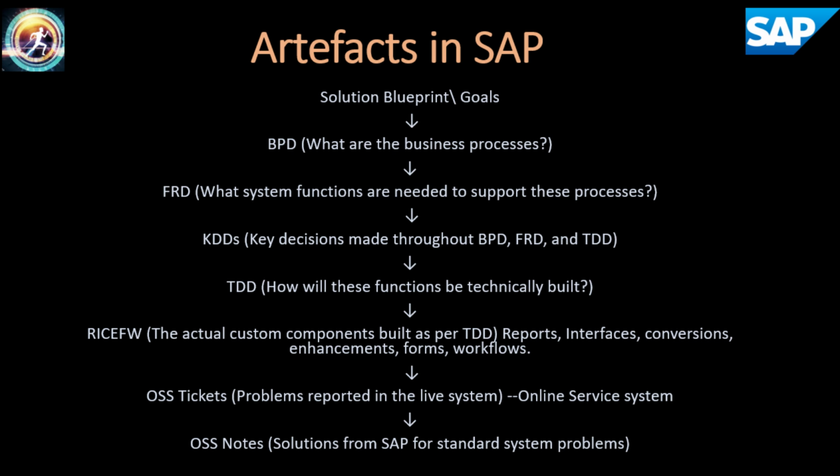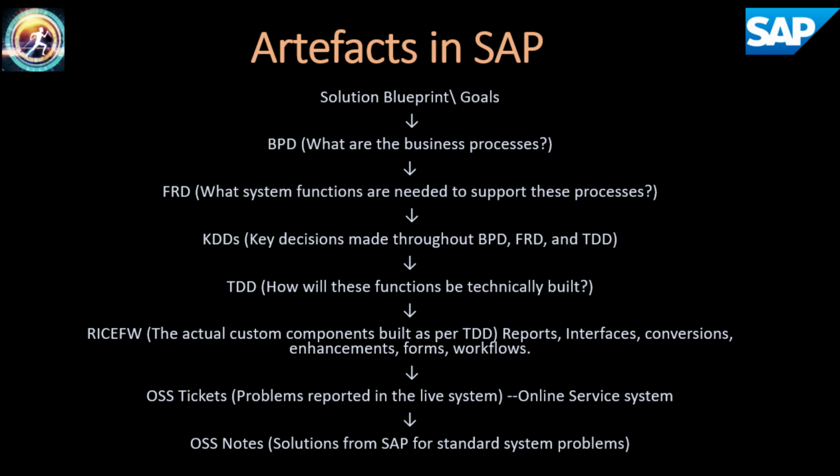The functional consultant sketches out what business process needs to be followed to achieve that requirement, what the standard business processes are that come with the standard package, and what other customized processes need to be included. They clearly define the business process as part of this business process design document.